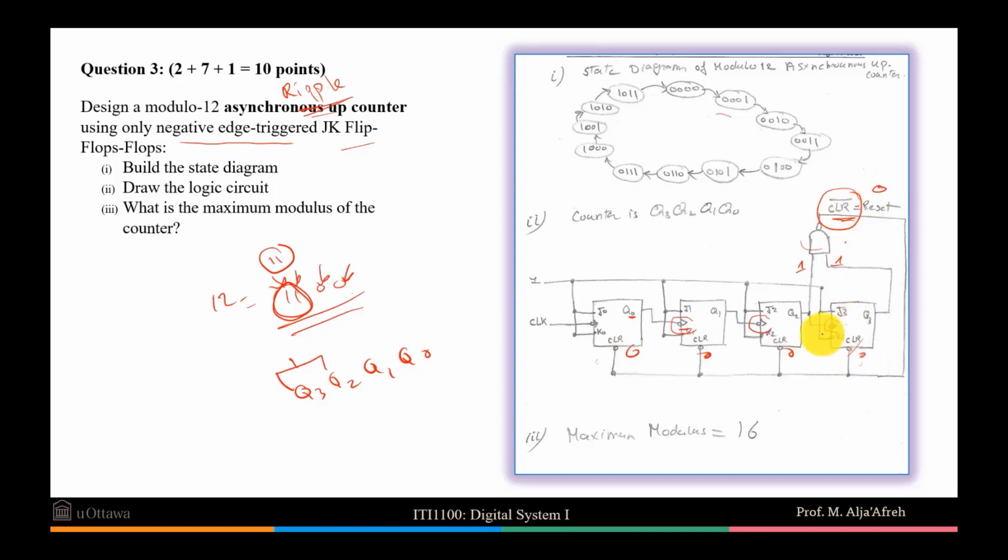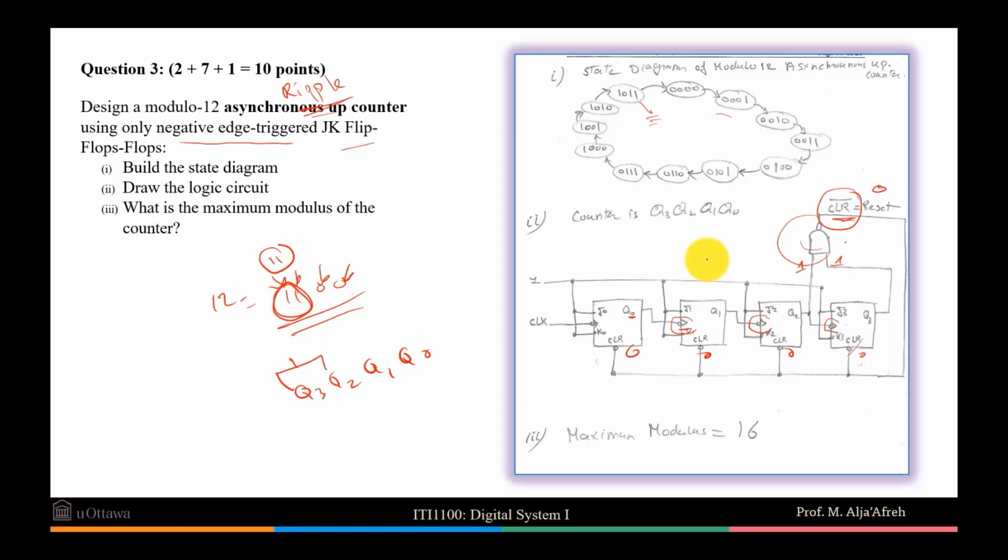All of these will reset. So this circuit will stop when you reach 11, and that's it. State 11 will not be counted as state 12, because this circuit will reset.